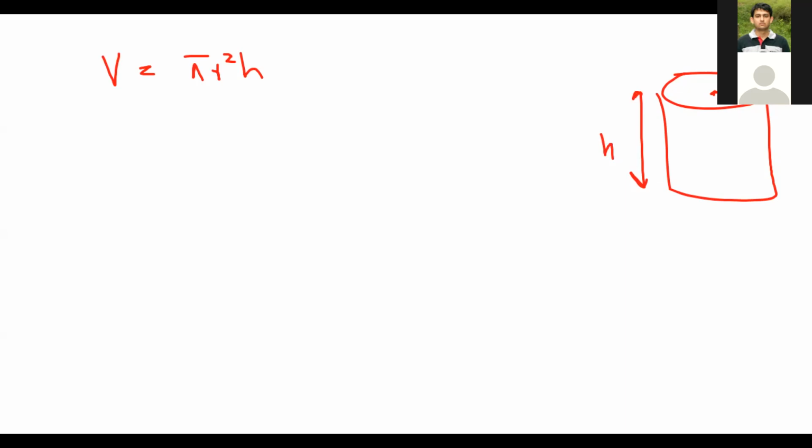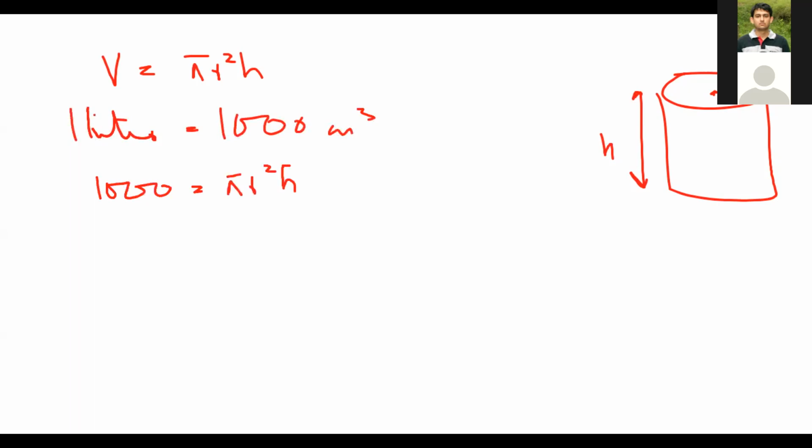So now we know that the capacity was 1 liter, and 1 liter is equal to 1000 centimeter cube. So this is 1000 is equal to pi r squared h. So h is going to be 1000 divided by pi r squared centimeter. So that's what we were supposed to prove in part A.